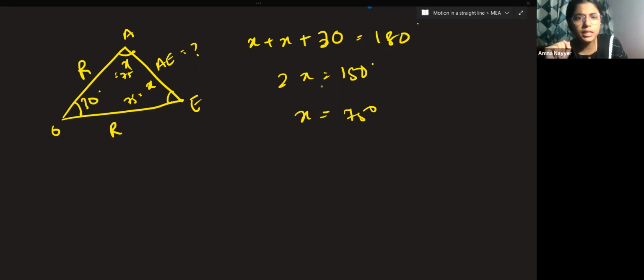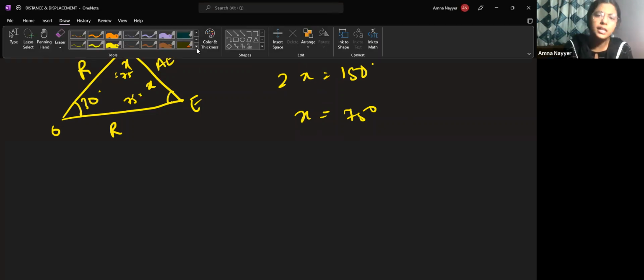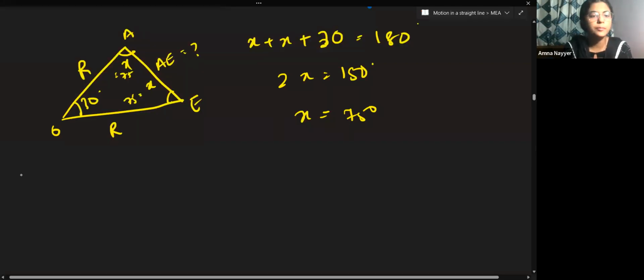We did a question, but let's do one more question, just to see whether we have understood distance and displacement or not. So just note down one question, and if there are any doubts, you can ask me in between as well.